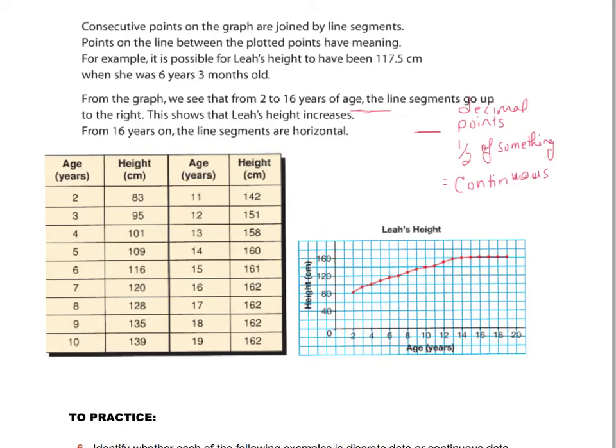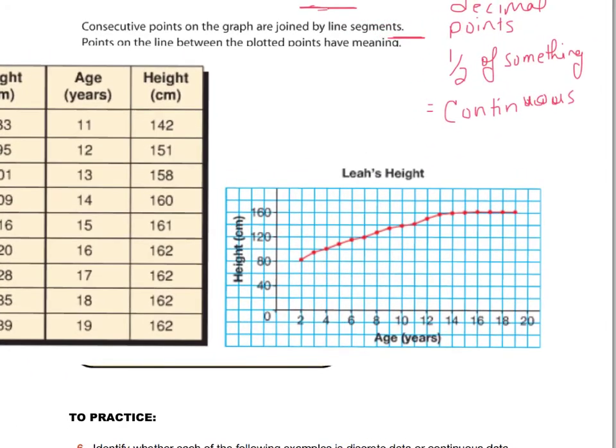What other kind of inferences can we make from this graph? Well, let's enlarge it here so we can see it a bit better again. What could we infer? Well, an adequate conclusion would be that she was at her shortest at 2 and her tallest at 19. That doesn't tell us a whole lot.